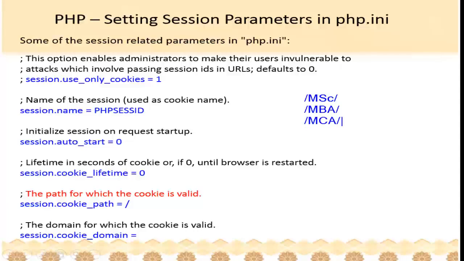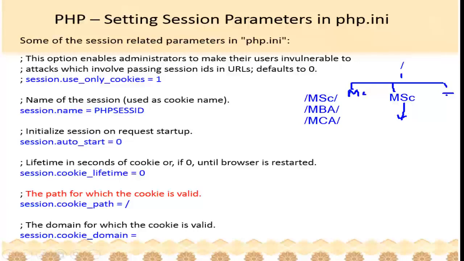That means right at the top we have a root, and then we are subdividing it into various sections, like the section for MCA, MSc and MBA and so on. Now suppose you say that I want the cookie to be available only under the MSc section, I don't want it to be available under MBA or MS or MCA and so on.